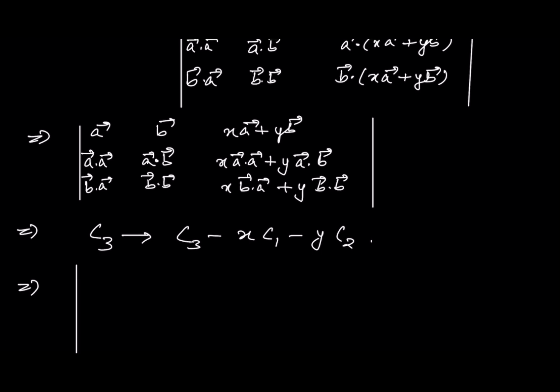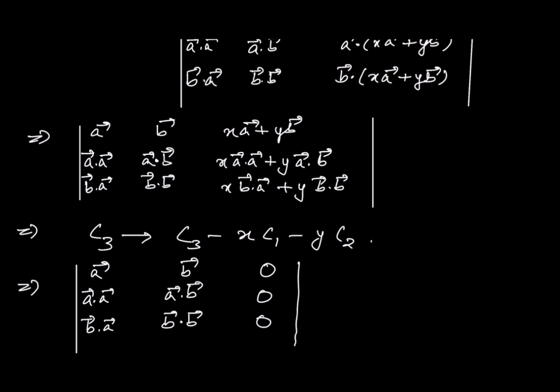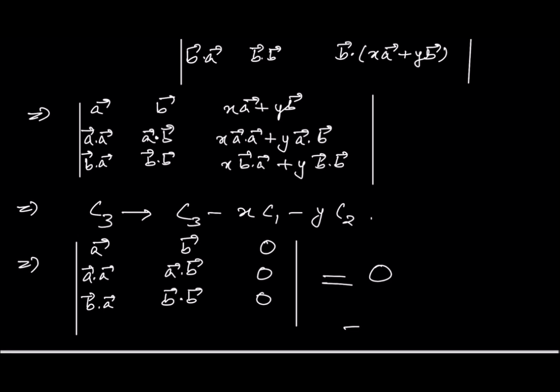Okay, so this will become, if I am writing column wise, A dot A, B dot A, A dot B, B dot B, 0, 0, and it will become 0, which is the RHS of what we are proving. So hence proved. Okay, now let us come to the next topic, that is applications of cross product.